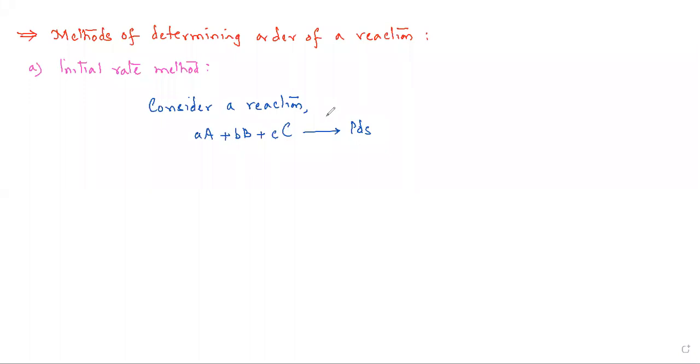Now, suppose you want the order with respect to A, you can find it out keeping the concentrations of B and C constant.